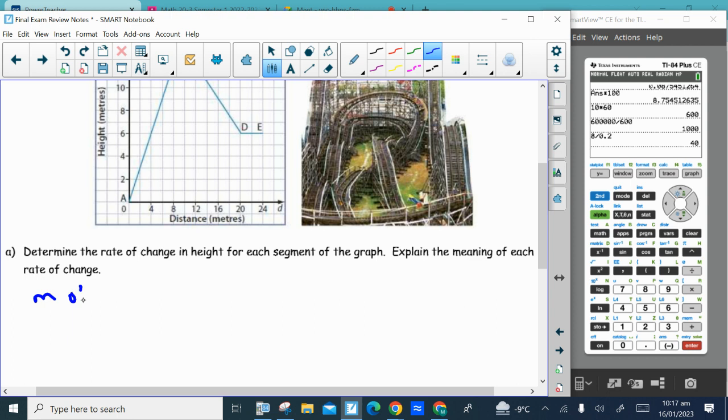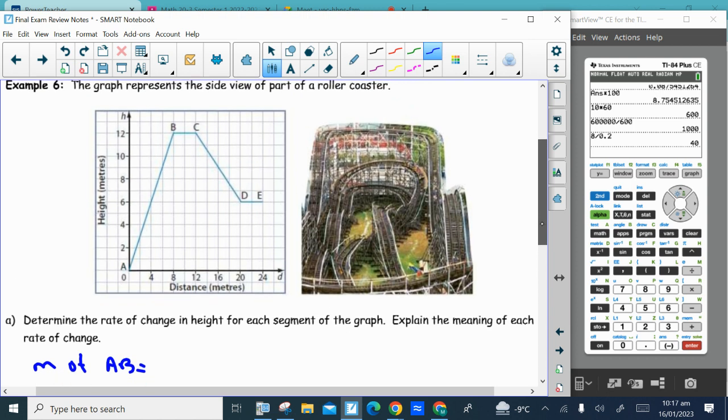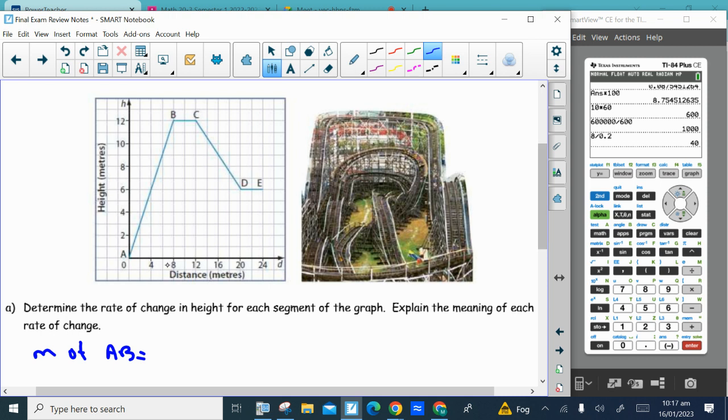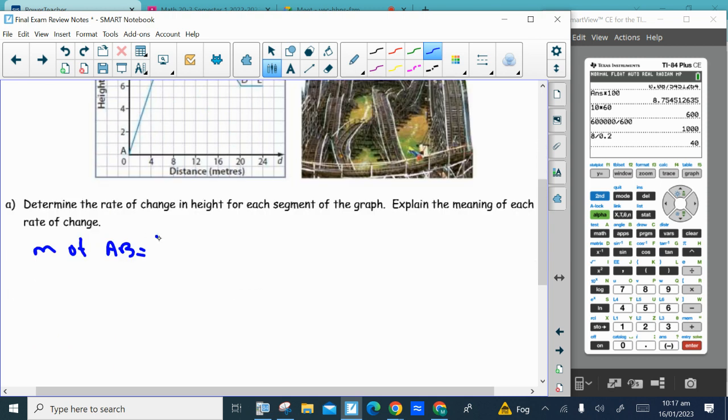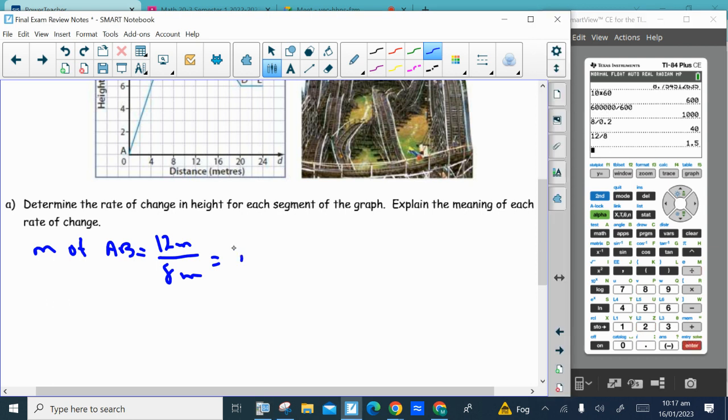So m, the slope of AB. And remember, it's always rise over run. So to go from A to B, it's rising 12 meters and it's running 8 meters. So this will be 12 meters over 8 meters. And that's the slope of 1.5.